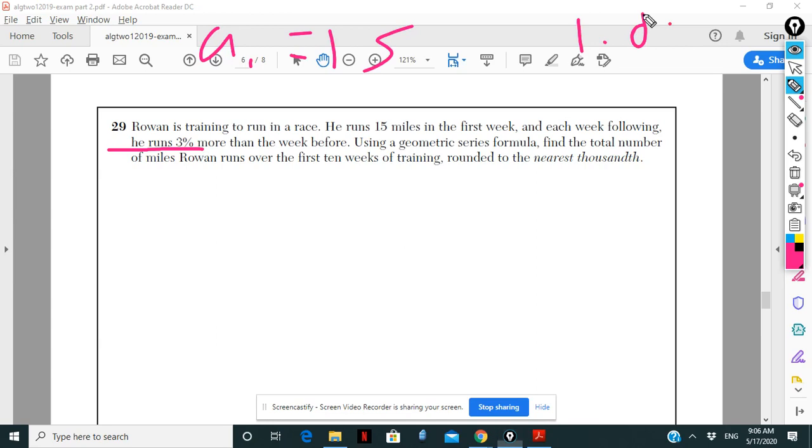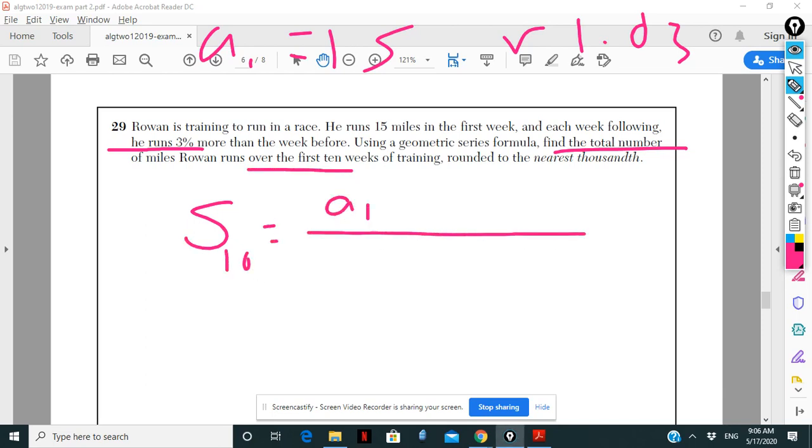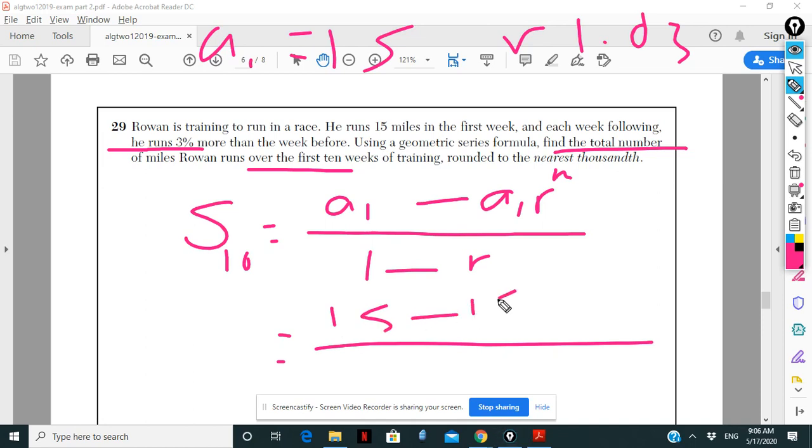So for the percentage, I add 1 to the percentage to get the ratio r. Now we're using the geometric series to find the total number. It's 10 weeks, so S10 is equal to A1 minus A1 times r to the power n, divided by 1 minus r, which is 15 minus 15 times 1.03 to the power 10, divided by 1 minus 1.03.